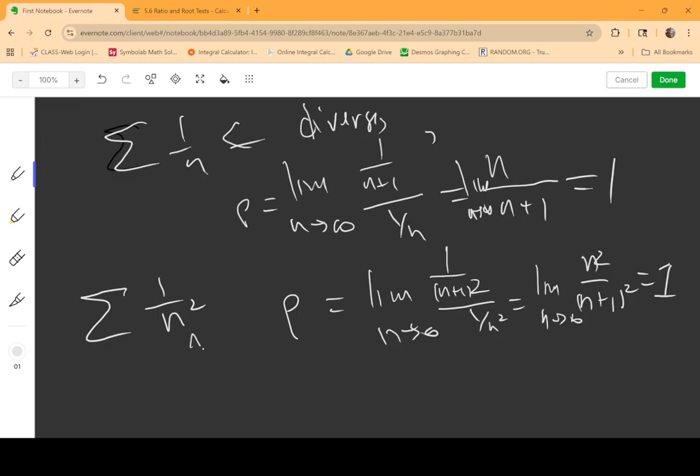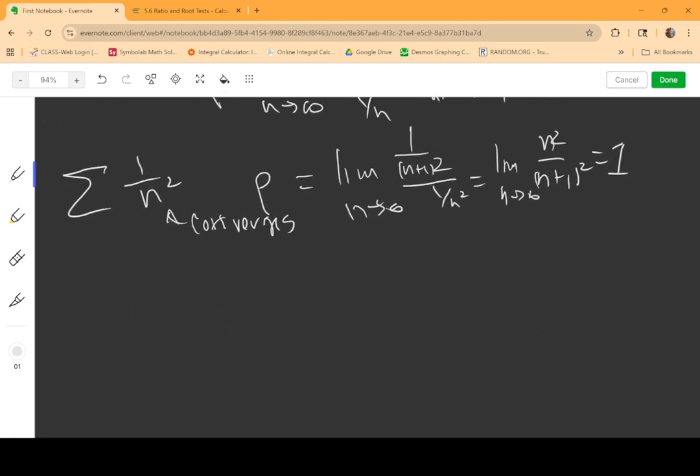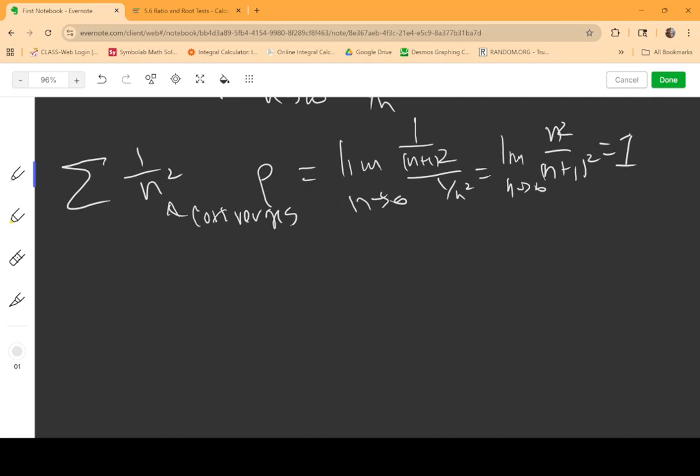But we know from other tests that we've applied that this converges. So that's the idea why, in these two examples, we come away from the test with it being inconclusive. It just does not apply here.